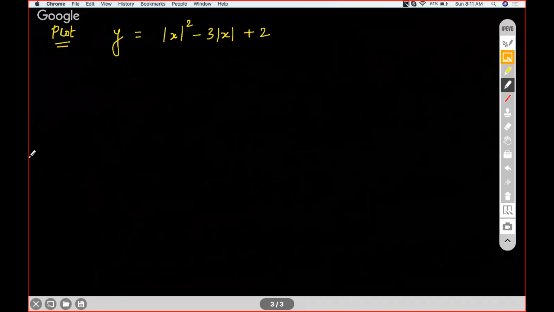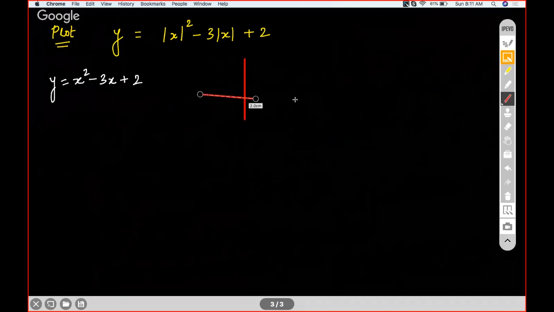So first, you draw the curve without the mod. Step number one, draw simply the curve, ignoring the mod first. So that's going to be y equals x squared minus 3x plus 2.